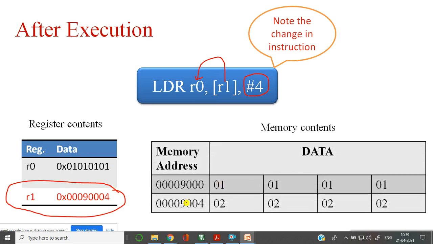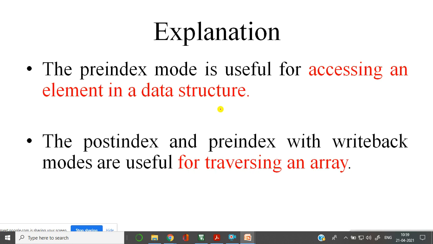Okay, so the same thing here. So this is the difference between pre-indexing with write back, pre-indexing and post-indexing. Is this clear?